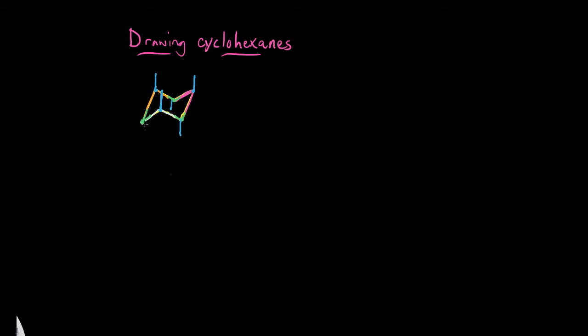That's in the back there, and these. So we can draw that one kind of broken up like it's showing that it's in the back. Some people also draw these lines thicker, showing that they're in front. Okay, so now we've drawn our axial substituents.